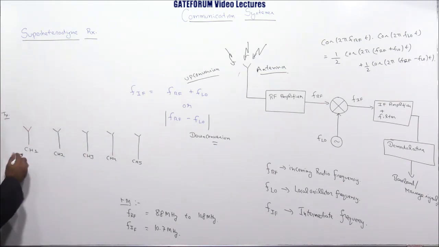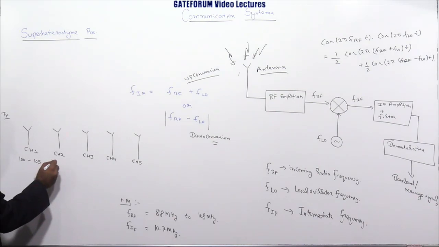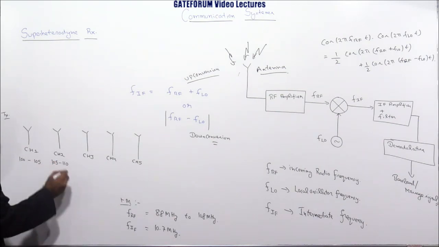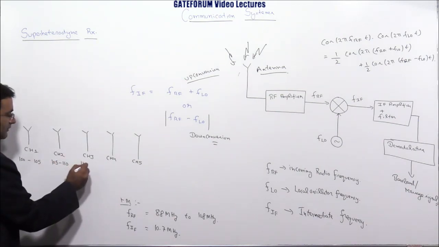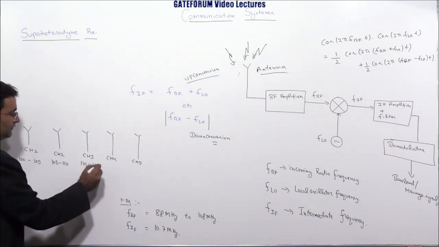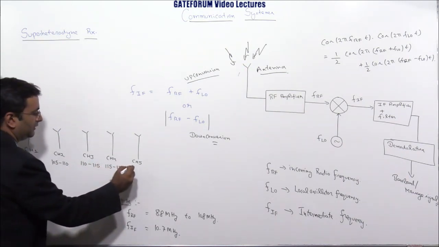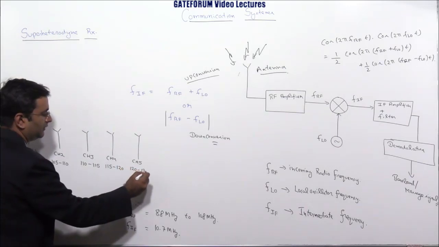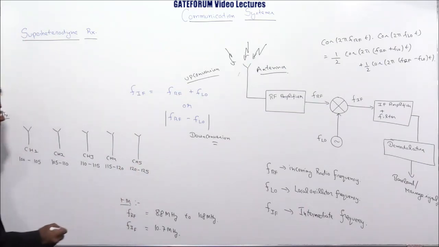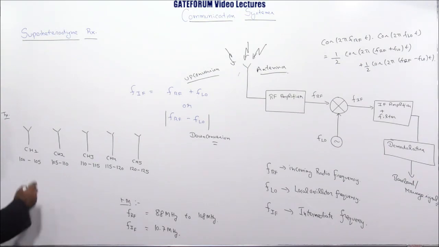Now channel 1 frequency ranges from 100 to 105. Channel 2 is from 105 to 110. Channel 3 from 110 to 115. This is from 115 to 120. This is from 120 to 125.